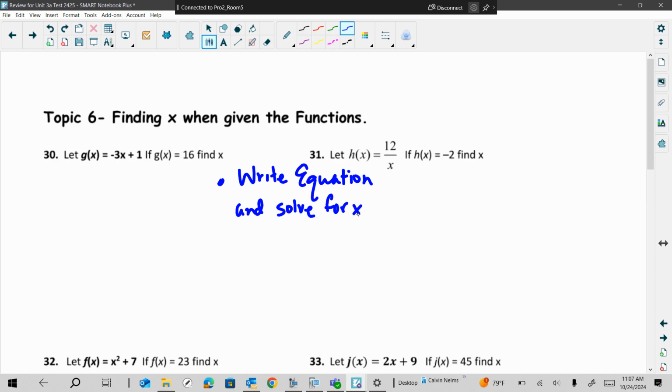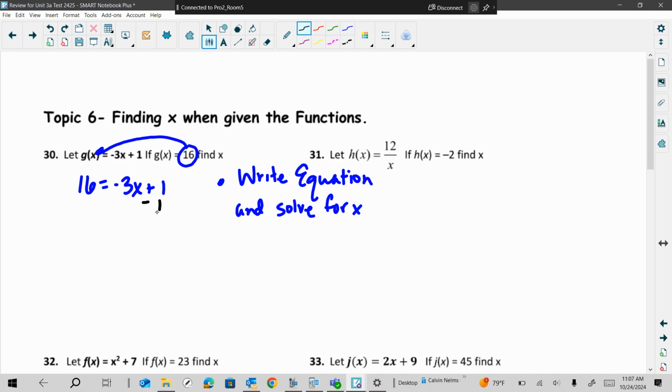So I'm going to show that method first. If I know g of x is negative 3x plus 1, but g of x equals 16, I want to find x. That means this 16, I'm plugging in front of the equation. So this is 16 equals negative 3x plus 1. Now we're just solving for x.